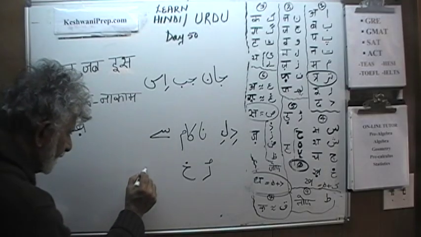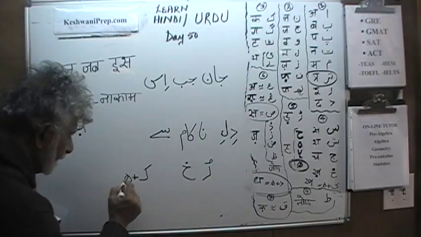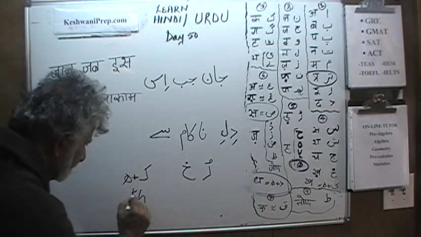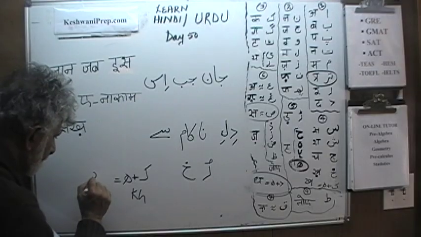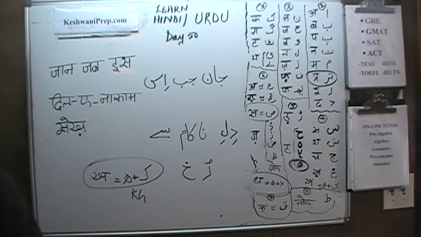Otherwise, the other ka is kaf and a ha, kaf and do chashmi hai, right here. And that gives us kh. And that is the exact equivalent of ka. This ka, the actual ka in Hindi, is simply a combination of K and H. That's not the ka we need here.